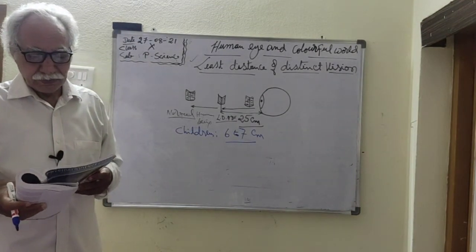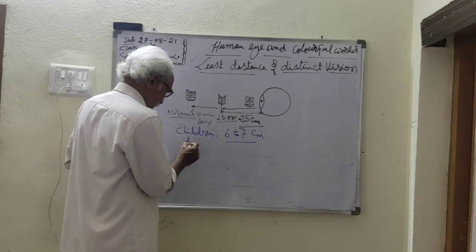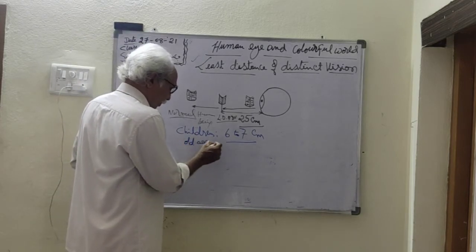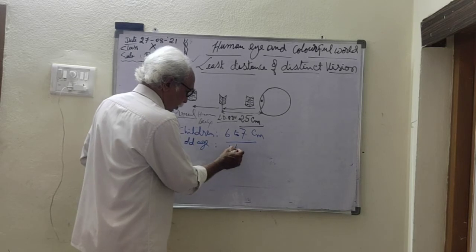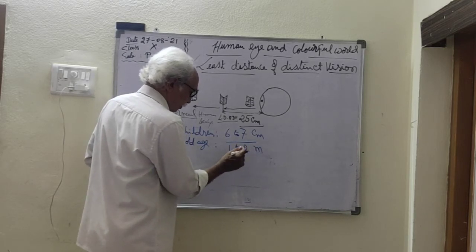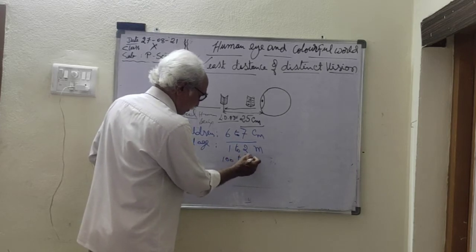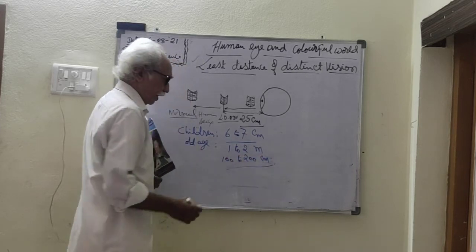Now in case of old age people you find it is 1 to 2 meters, not centimeters, that is 100 to 200 centimeters. Why?